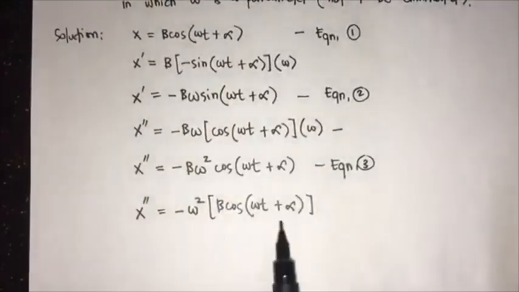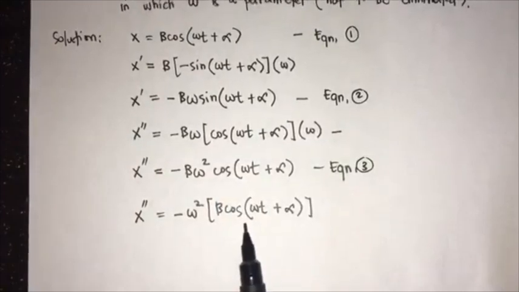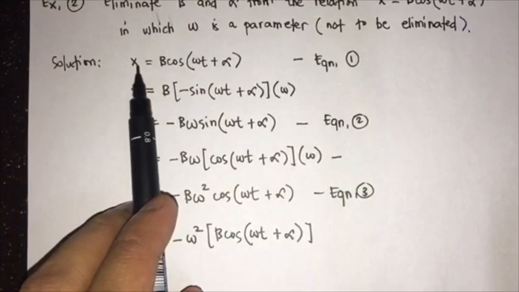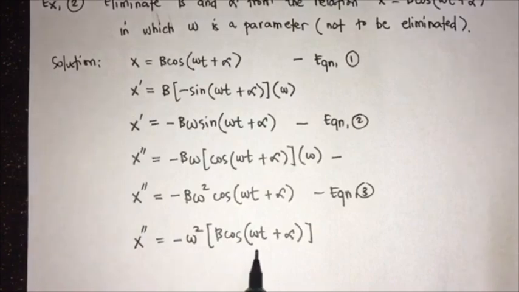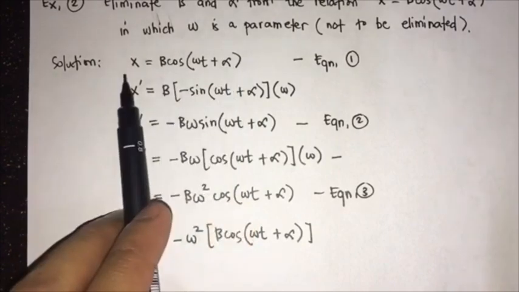And from equation 1, b cosine of omega t plus alpha is equal to x.